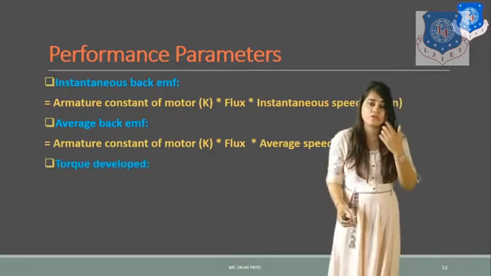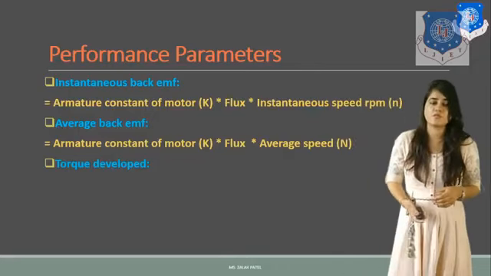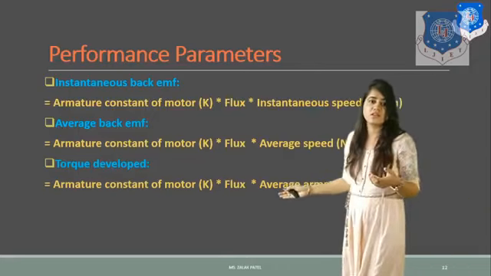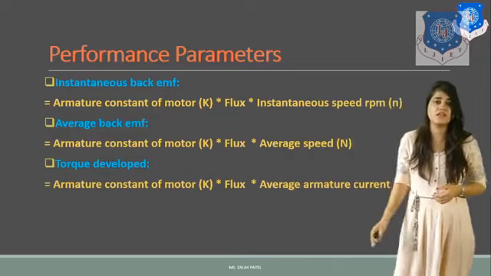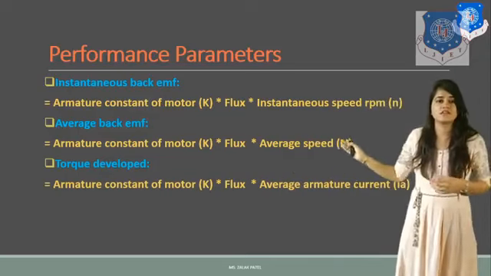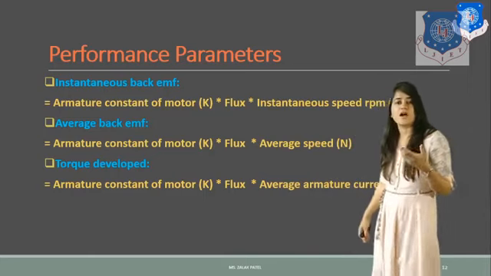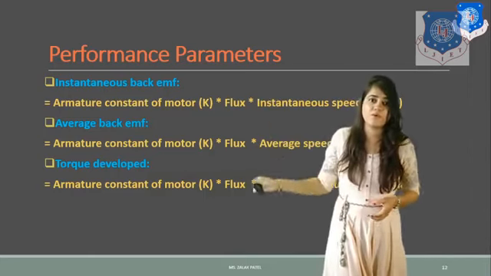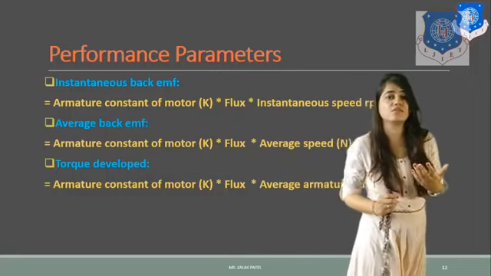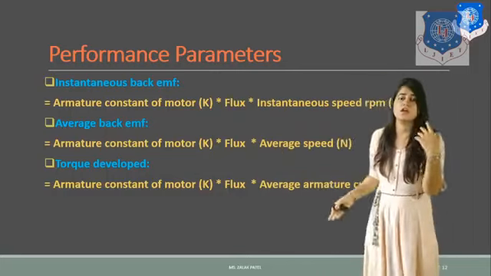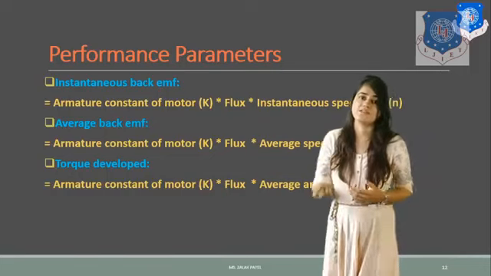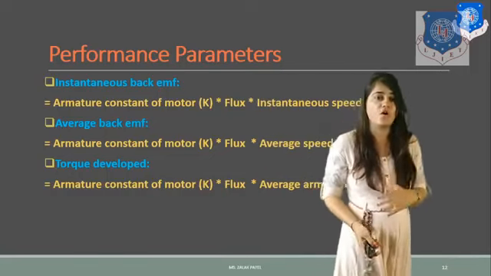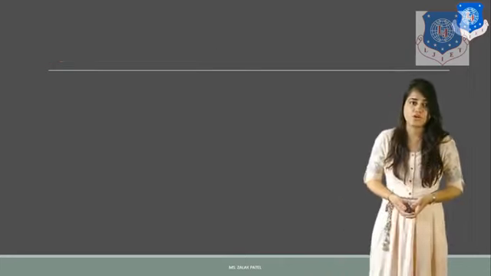In case of torque, to find out the torque developed by the motor, you should use the armature constant, flux, and instead of the average speed and instantaneous speed, you should use the average RMS current for it. So these are the three different parameters that you can calculate by using these three equations. It can also be used in the example to calculate the instantaneous back EMF or average back EMF or torque development.